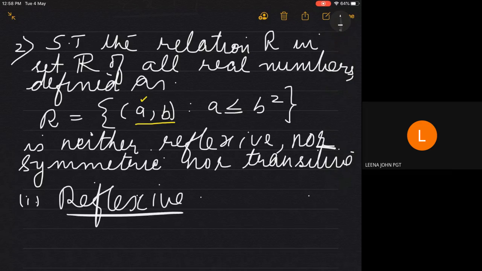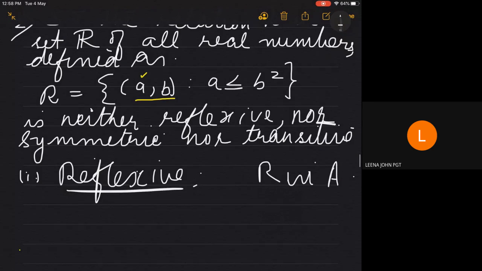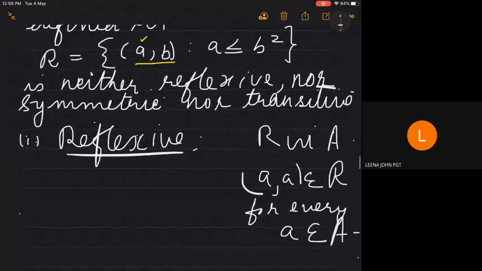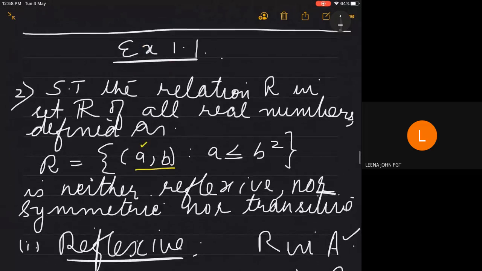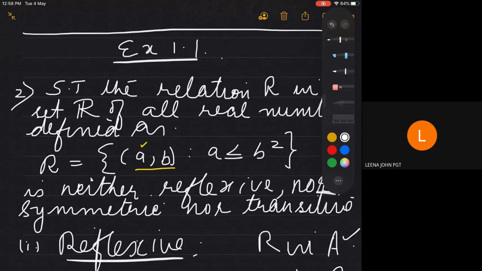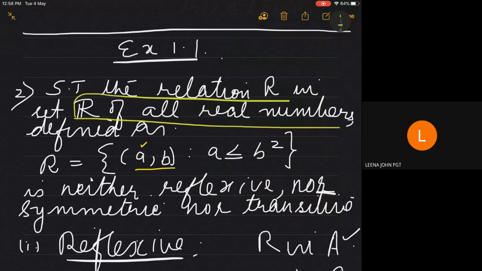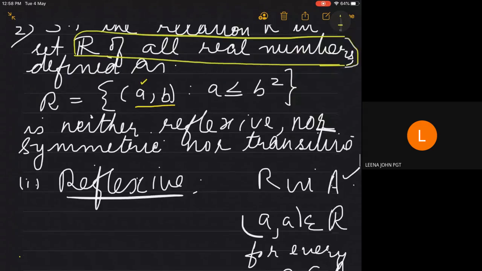As you know, if R is a relation defined in A and if R is reflexive, then (a, a) is an element of R for every a belonging to the mother set A. So here your mother set is the set of real numbers. In order to check whether R is reflexive, you need to check that every element of the real numbers is related to itself or not.